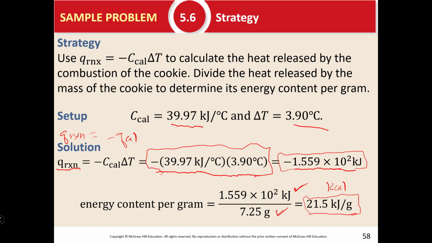You've probably seen it on some things. I've seen it on little sports packets, in kilojoules. And just remember, when we're talking about food items, we're in the realm of kilojoules and kilocalories, not calories and joules. Remember, a calorie is just the amount of heat to raise 1 gram of water 1 degree Celsius. So when we're calculating food items, it better be in kilocalories or kilojoules in size.